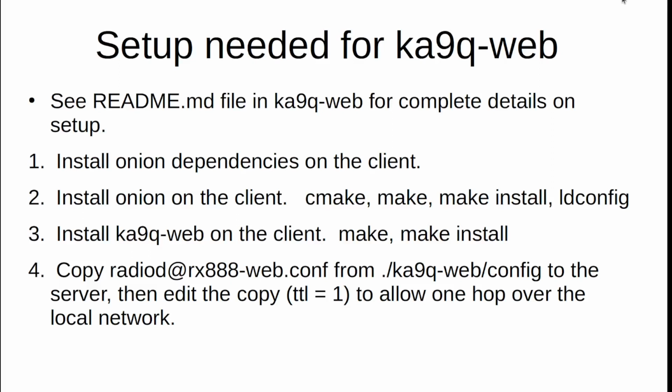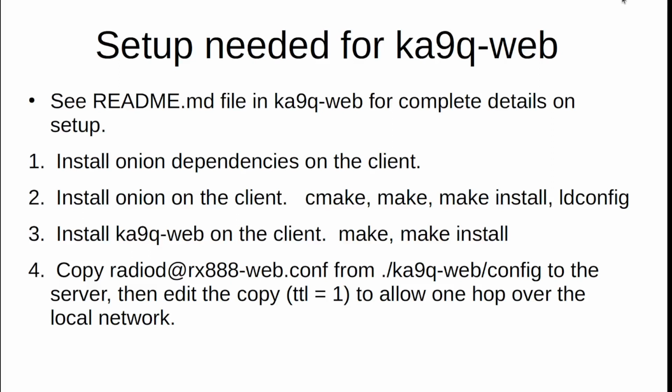And then we'll copy the radiod rx888-web.conf file from the ka9q-web/config directory over to the server into the ka9q-radio directory on the server. And then we'll edit it, and we'll change TTL from 0 to a value of 1 to allow one hop over the local network.